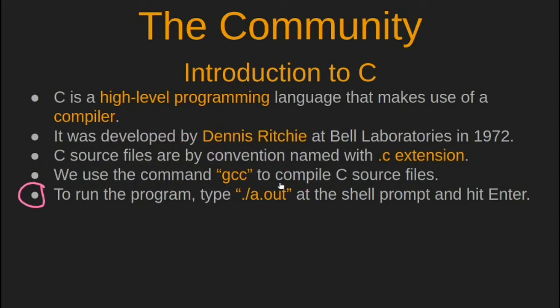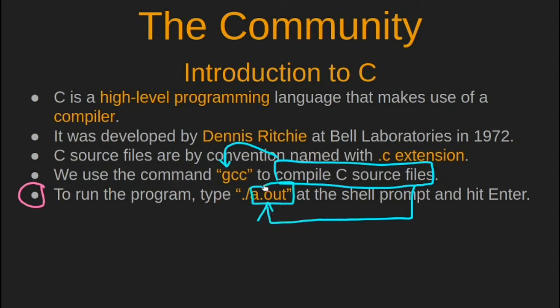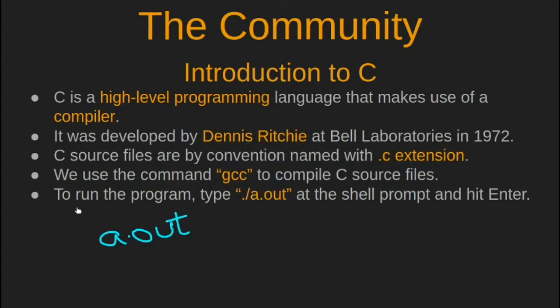Once we are done with compilation of our C source file with the help of the GCC command, it returns a file which looks similar to this, and this is also known as an output file. In order to execute or run the program, we just type this command from our shell prompt.